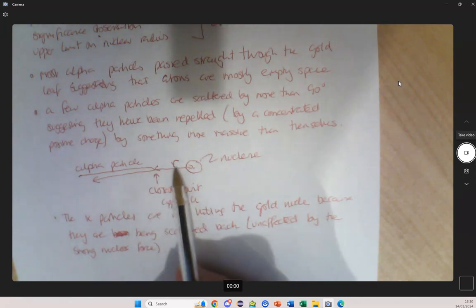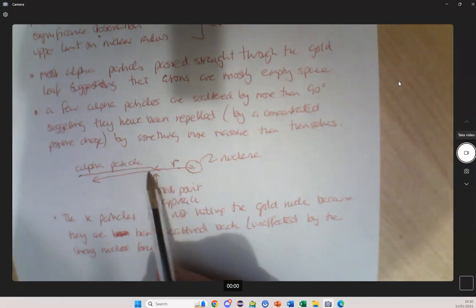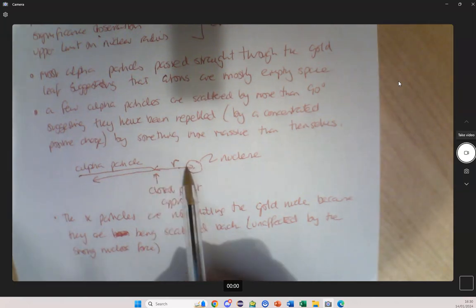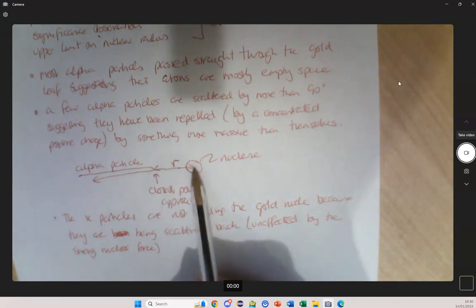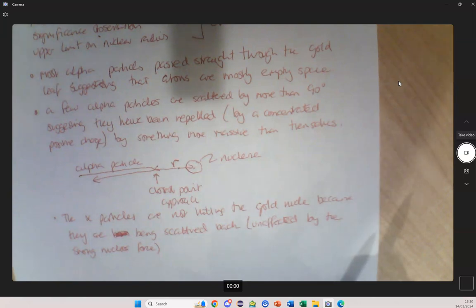If they got within range of the strong nuclear force, they would become attracted to the nucleus. The strong nuclear force, certainly at short distance, is stronger and would capture that alpha particle. So you wouldn't see it scattering. Or as a minimum, it's going to deflect its path quite significantly.